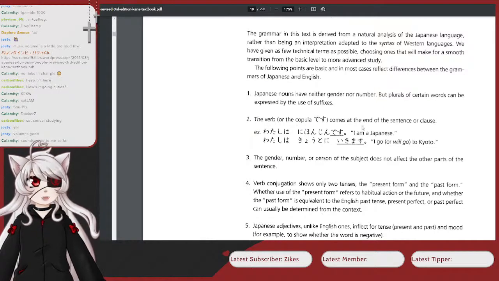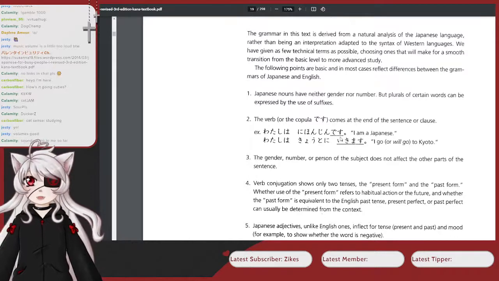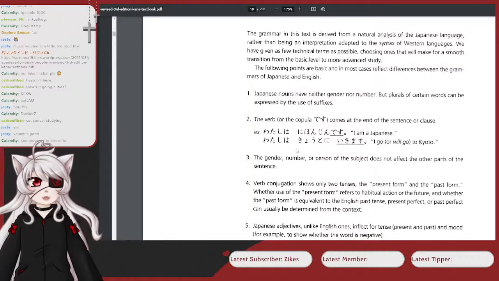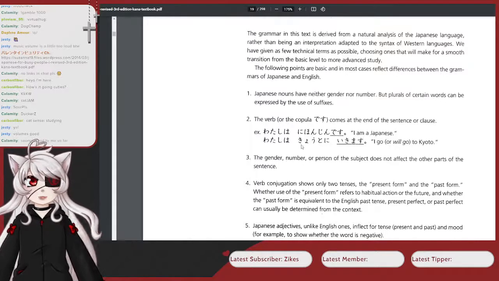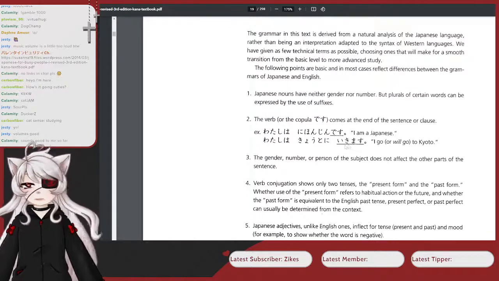Verb comes at the end of the sentence or clause. So, watashi wa Nihonjin desu. I am a Japanese person. And then watashi wa Kyoto ikimasu. Ikimasu being going.